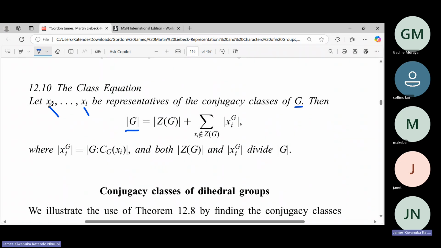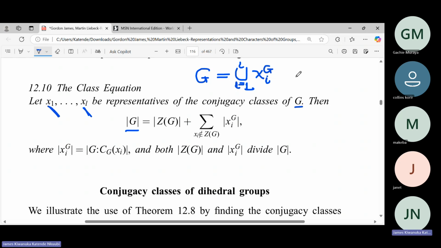So let me continue. Suppose we pick these representatives of all the conjugacy classes. If you have picked the conjugacy classes, with i running from 1 to L, then you have a disjoint union.